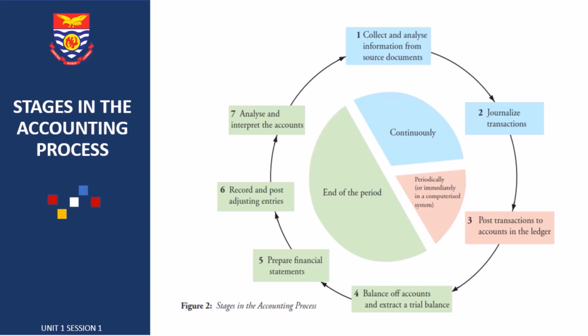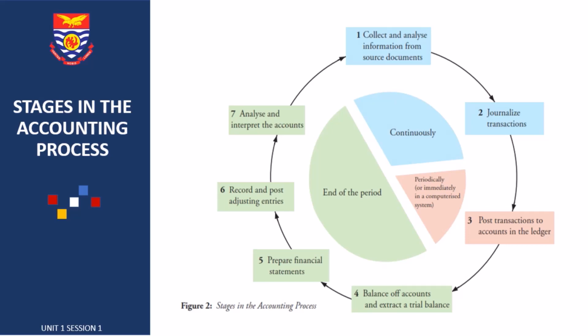Stage 3 involves posting the transactions to the accounts in the ledger. When the transactions are journalized, accounts have to be opened and recorded to reflect the journal entries. This process is called posting. That is, recording the information from the journals to the accounts.